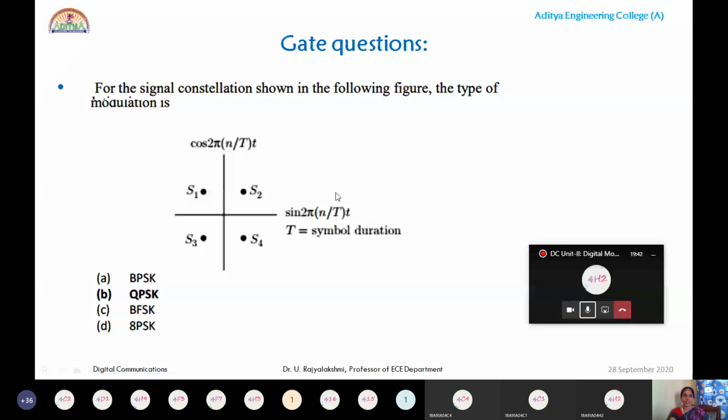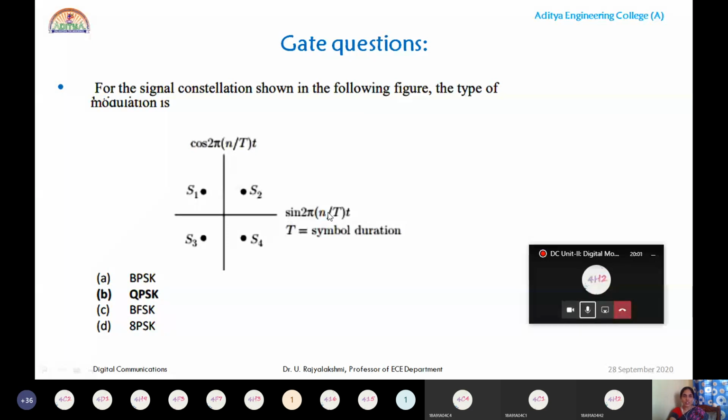So here, can you see the constellation diagram? You have 4 symbols here, and these 4 symbols are of constant amplitude. Here the amplitude of S1, S2, S3, S4, everything is constant.